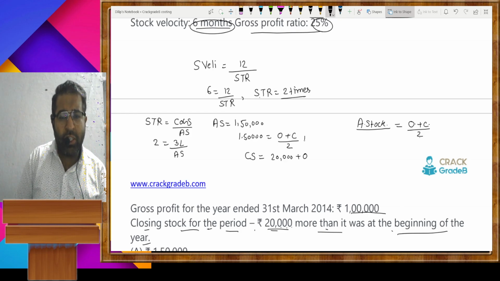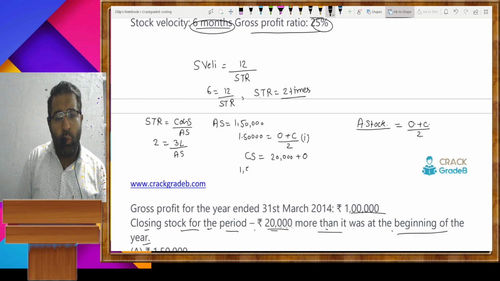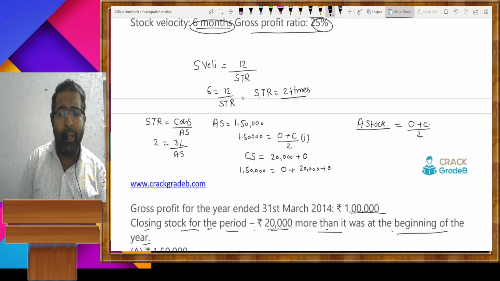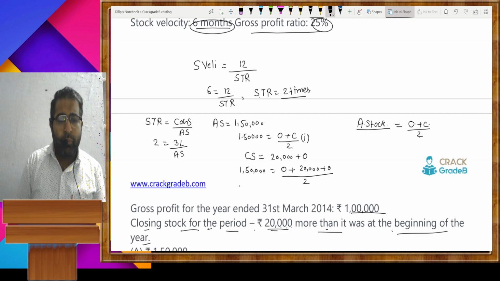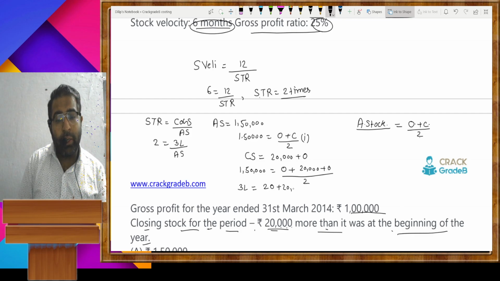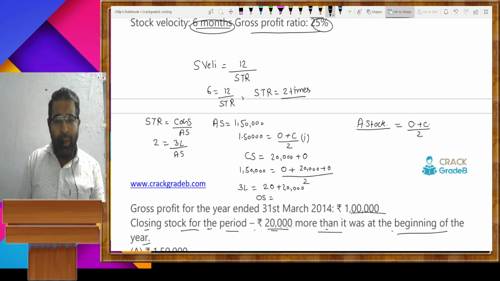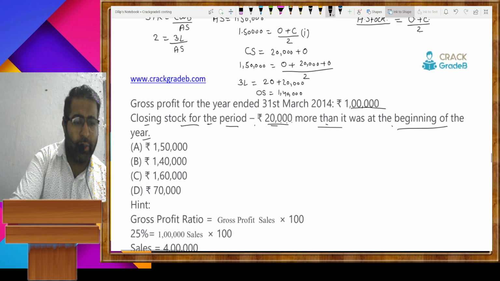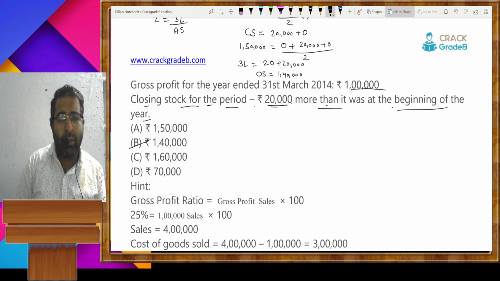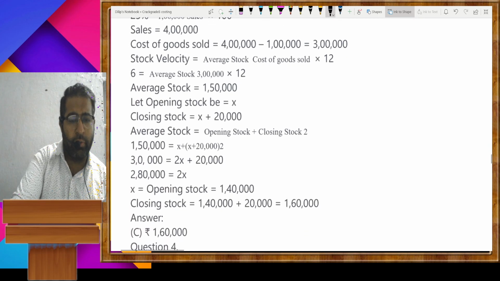So put it in this equation. 1,50,000 equals opening plus closing, 20,000 plus opening, divided by 2. 3 lakh equals 2 opening plus 20,000. So opening stock equals 3 lakh minus 20,000, that is 2,80,000, divided by 2, 1,40,000. Okay, just look at here. Answer is 1,40,000.